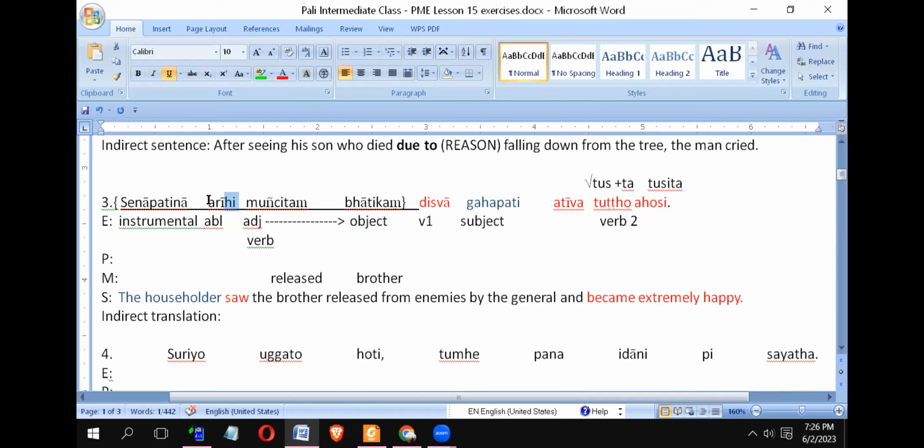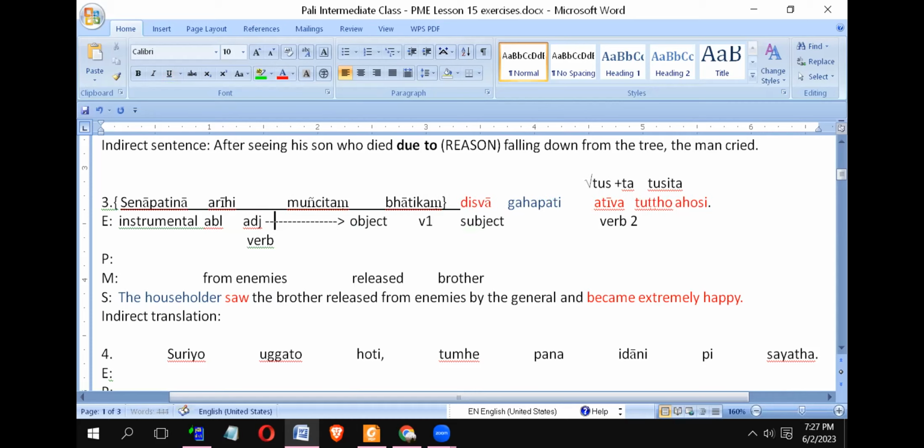So here, Ari is enemy. So you have the from enemy, all right? Ablative. Okay. So Pali will be, so okay, Ina, all right. So Ina will be instrumental.